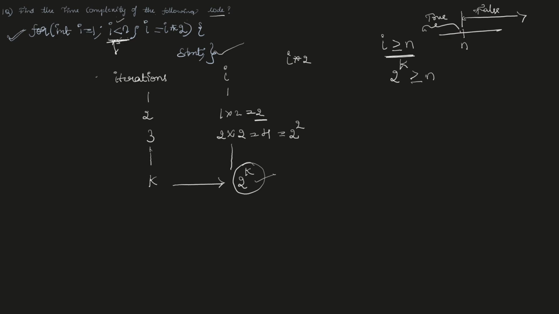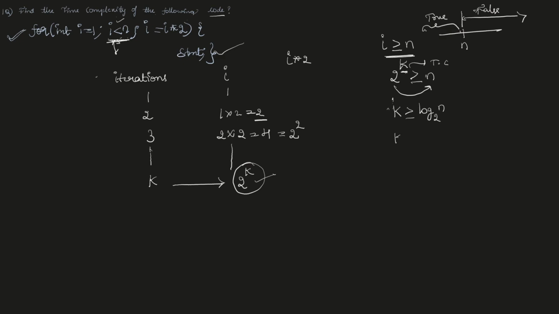In the next step, here we need to find the value of k. It gives us the time complexity. Okay. So anything in the power, after it goes, it becomes a logarithmic function. So it becomes k is greater than or equal to logarithm of n base 2.